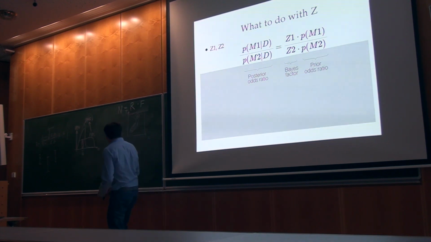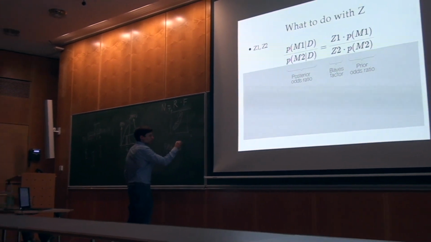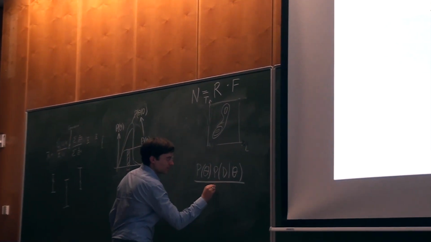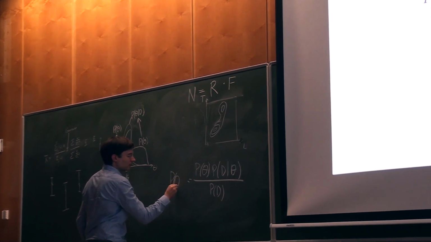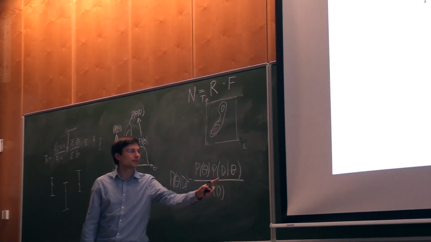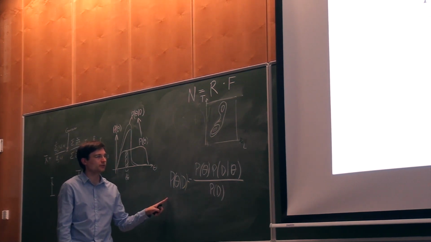I deleted this here, but when I wrote Bayes' theorem, I wrote this. The posterior here, and here we have the prior and the likelihood, and here we have this normalizing constant. We were making this normalizing constant so that this is normalized to 1 over the parameter space.